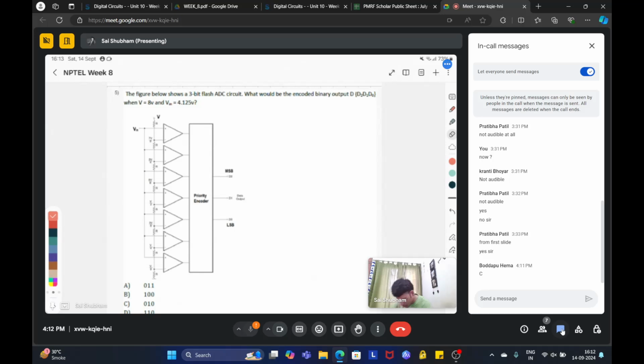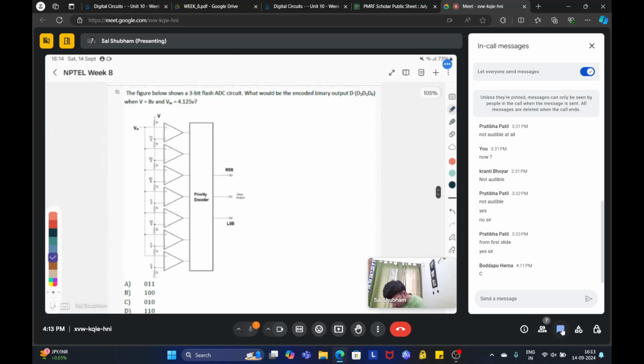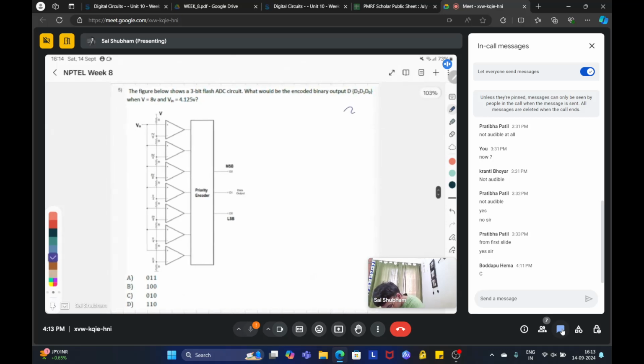So the figure below shows a 3-bit flash ADC circuit. What would be the encoded binary output? D. So your reference voltage is given as 8 volt and input voltage is 4.125. So I will give you 5 minutes to solve this question.